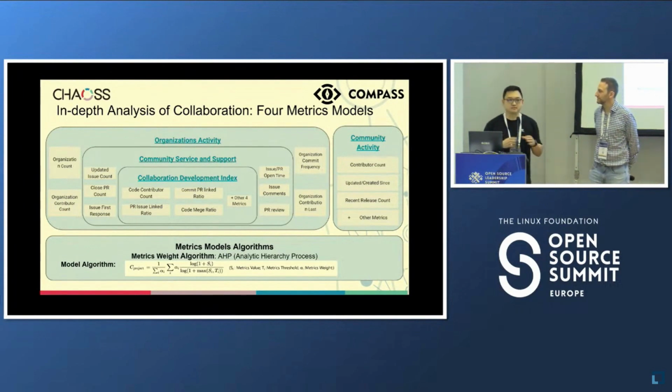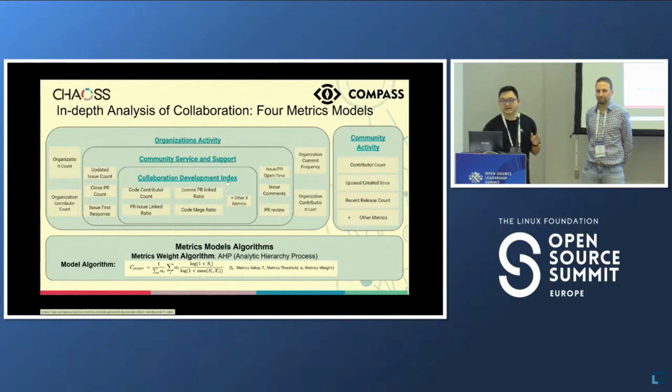No matter internal or external collaboration, we should focus on that first. So we start from the first one, the collaboration development index. It evaluates the code development process inside the community to see how smooth collaboration is in this community.